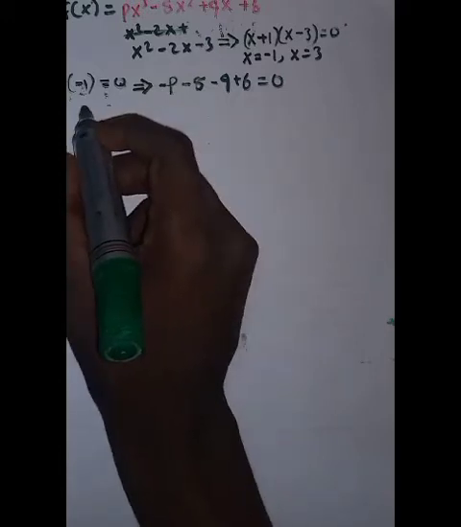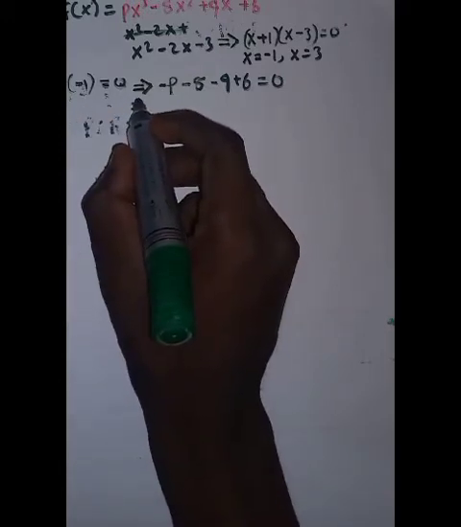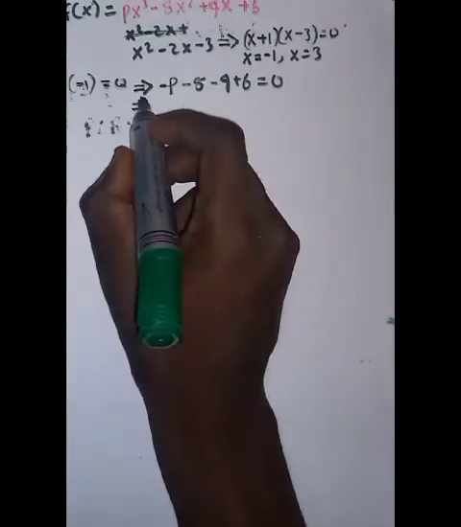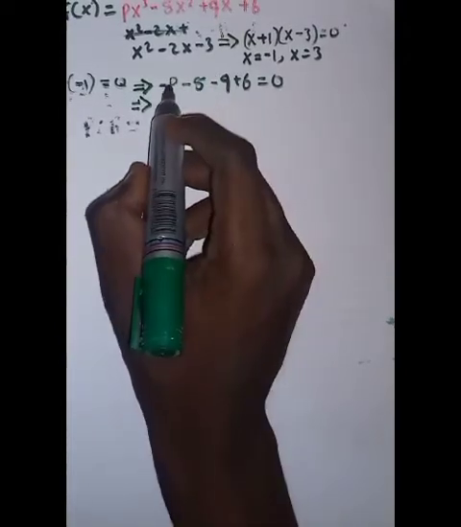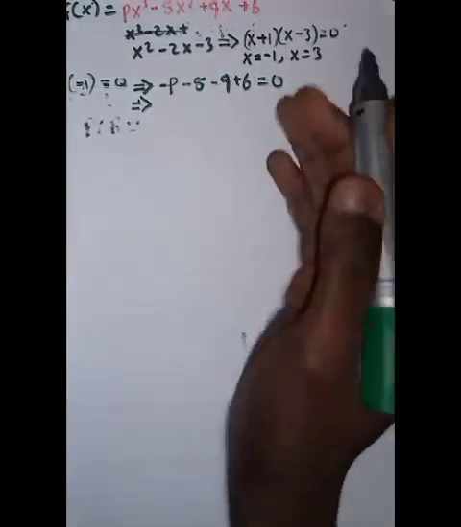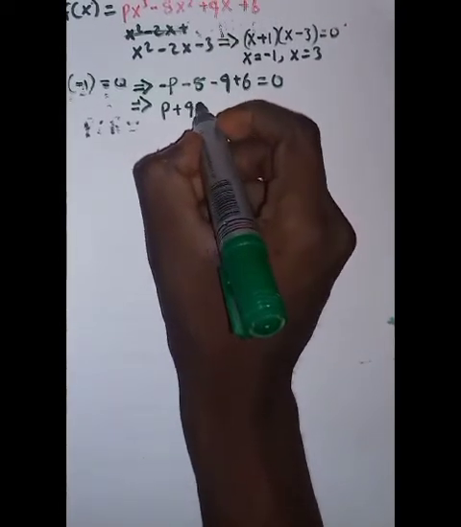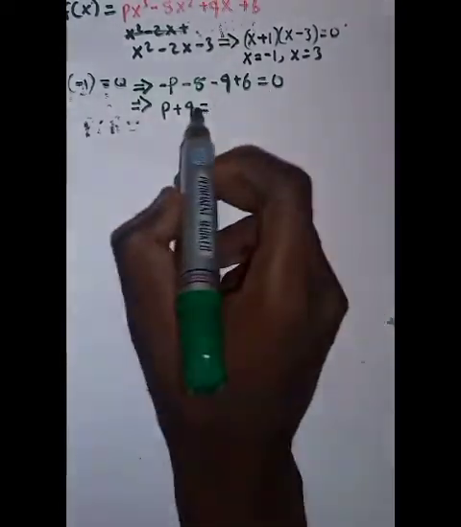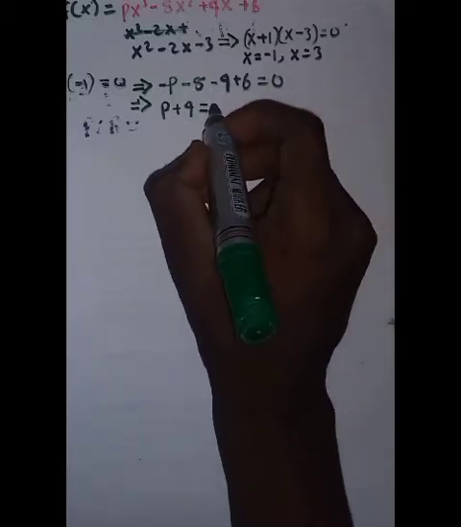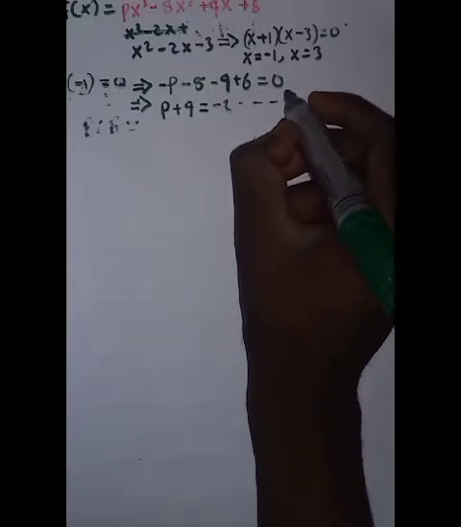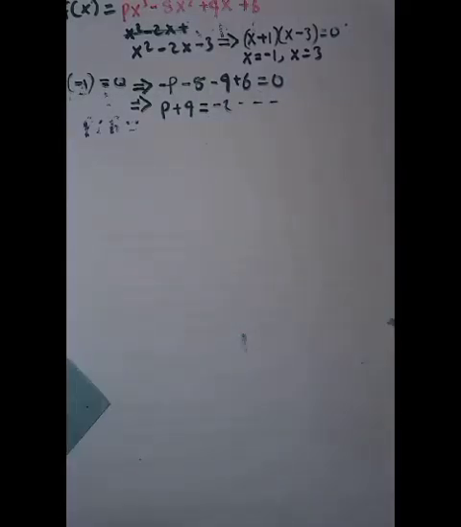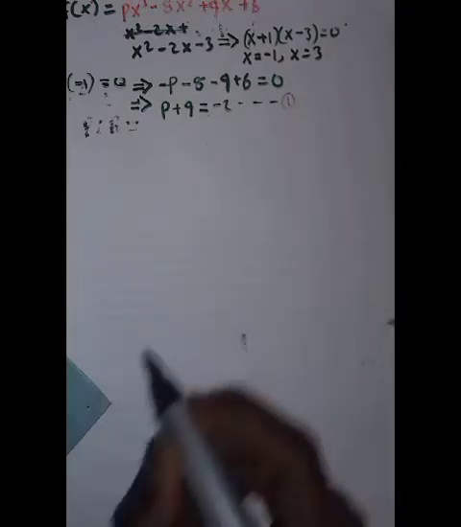If we simplify, carrying negative p and negative q to the right hand side and inverting, we have p plus q, which should give us negative 2. We can call this equation 1.